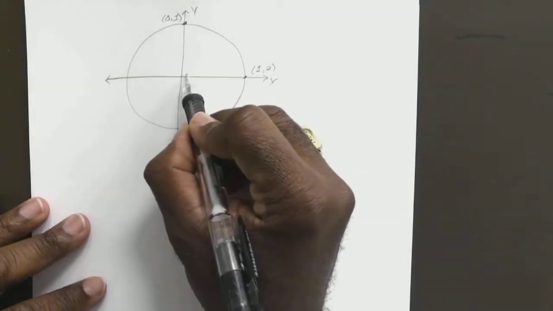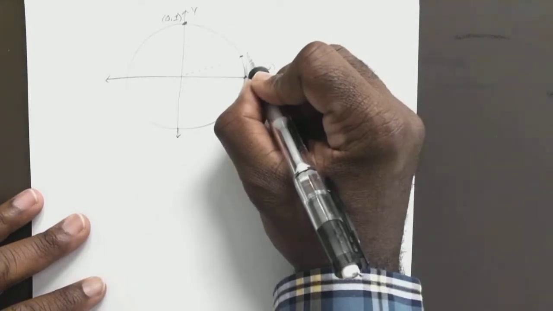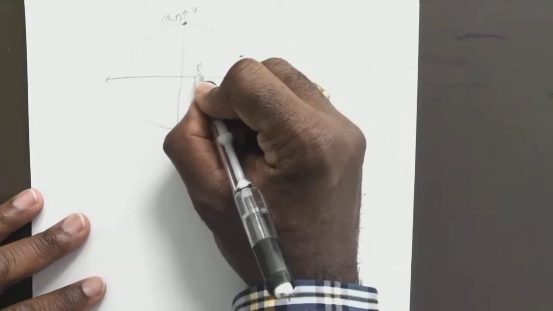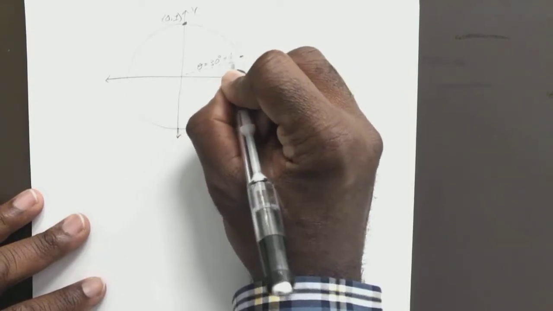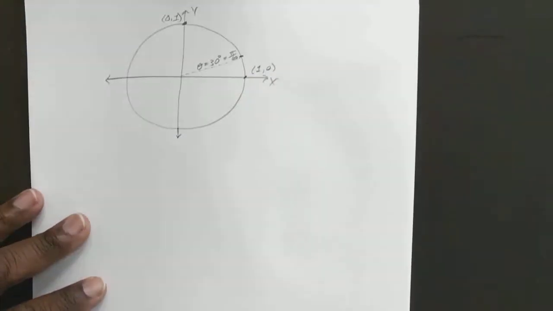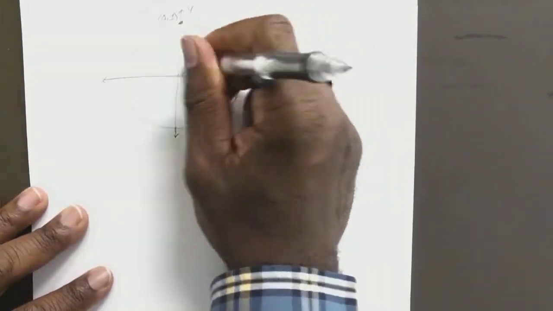Okay, so now what we're going to do is find the points where theta is equal to, say, 30 degrees, which is pi over 6. Actually, I'll draw it out here on the outside.